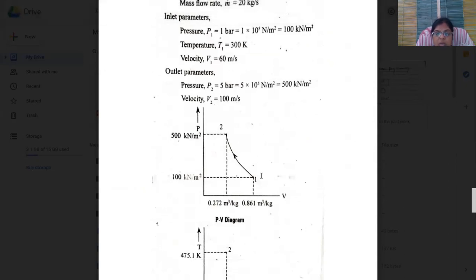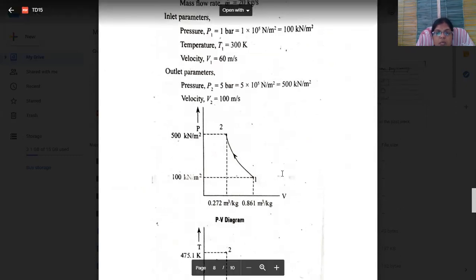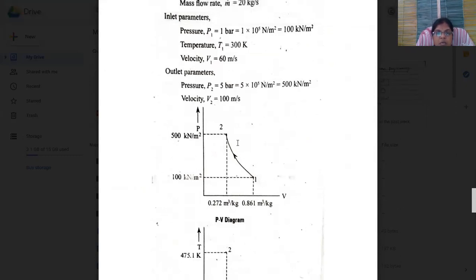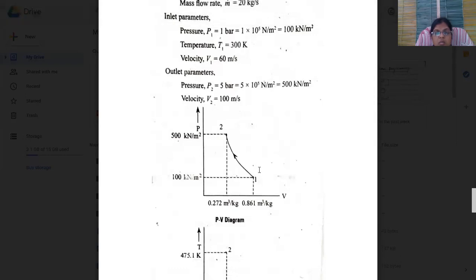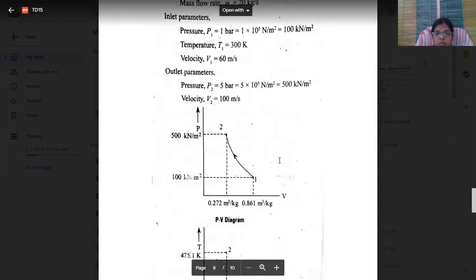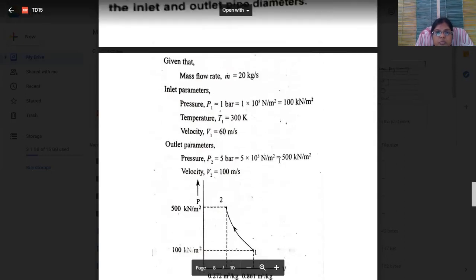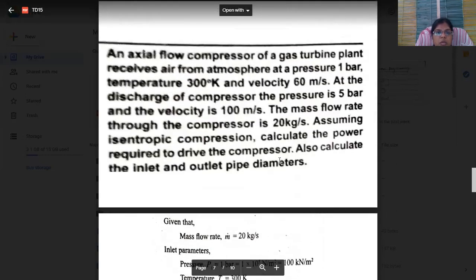This is the compression, and the above problem is given as isentropic compression. So on the PV diagram we take it like this: this is P1 and this is P2, and this is volume V1 and this is volume V2. So this is the diagram.